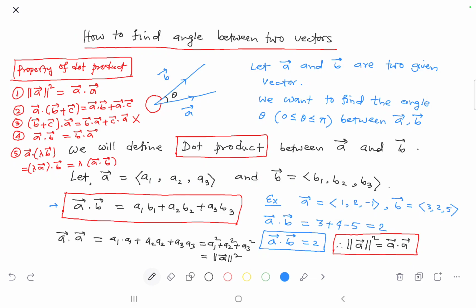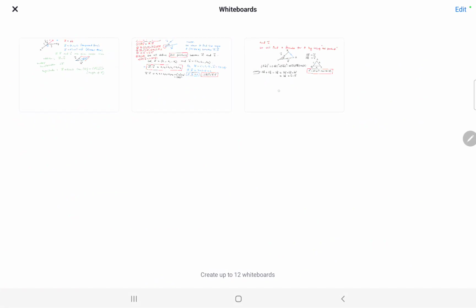After proving the angle, I come back to here. Can I do that? Sure. Okay, just believe these 5 properties are true for dot product. Then let me prove the angle. Then I come back to the proof of these properties. Okay. So let me go to that proof now.